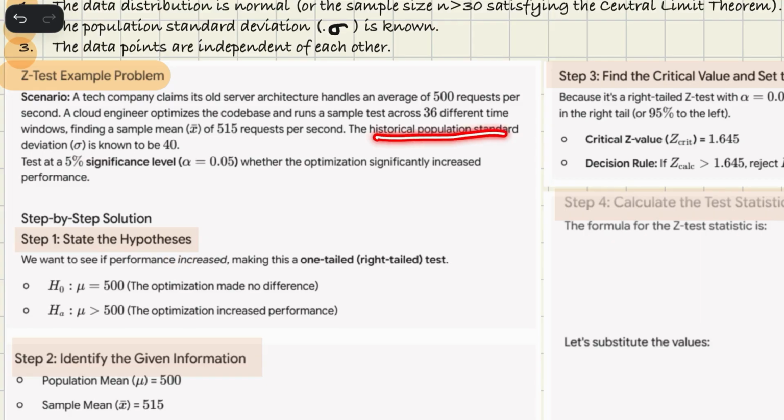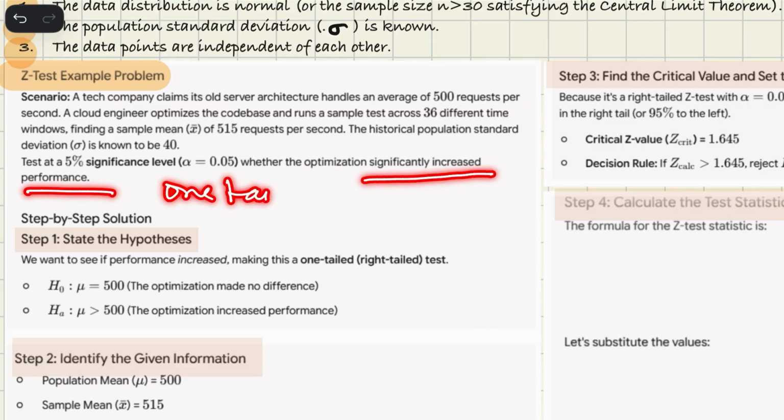The historical population standard deviation is 40. Yes, it is known. So this confirms that we are definitely doing a z-test. And other than this, they are asking us to check if it significantly increased the performance. That means it is a one-tailed test, right? So we are just checking the one side, that is increasing.